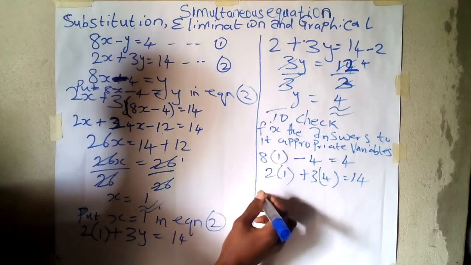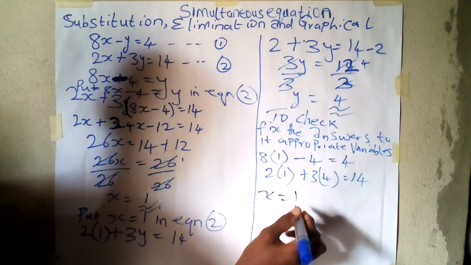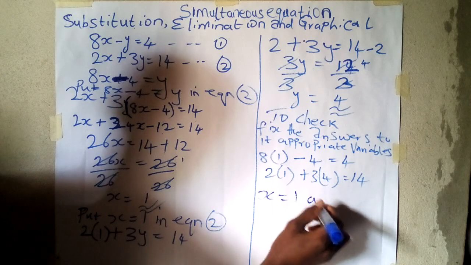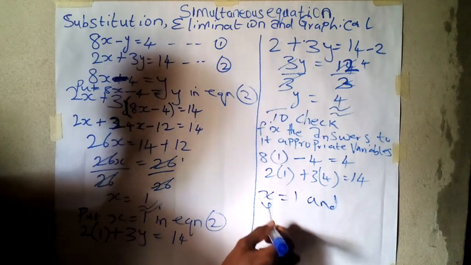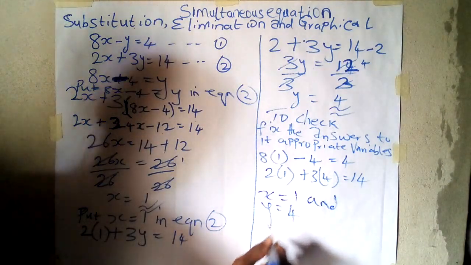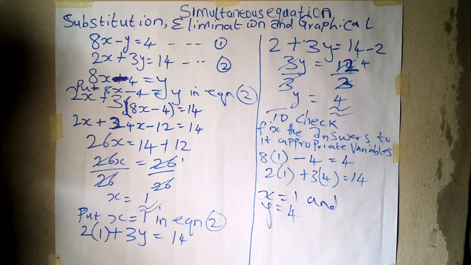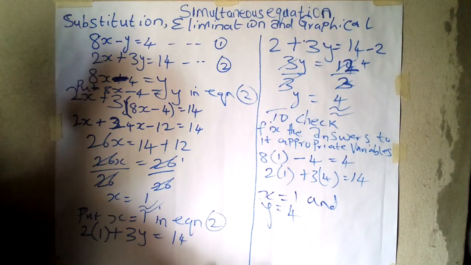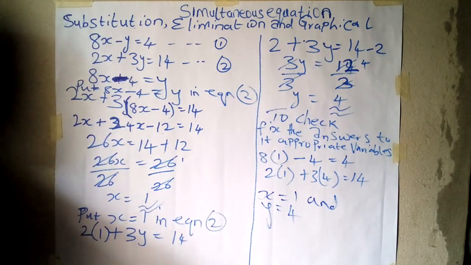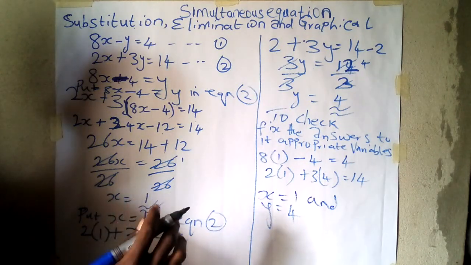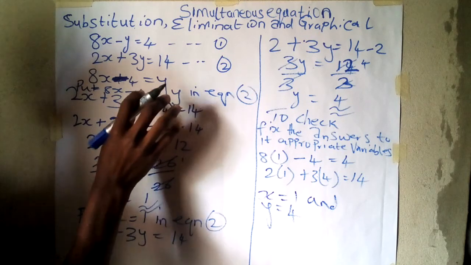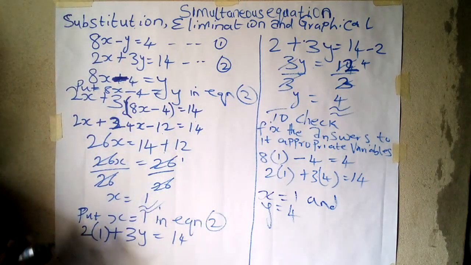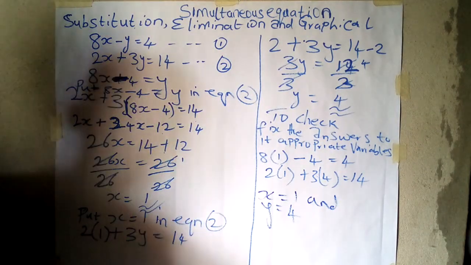Therefore, we can now say x is equal to 1 and y is equal to 4, which is actually the correct answer. So that is our answer for this particular simultaneous equation using the substitution method.